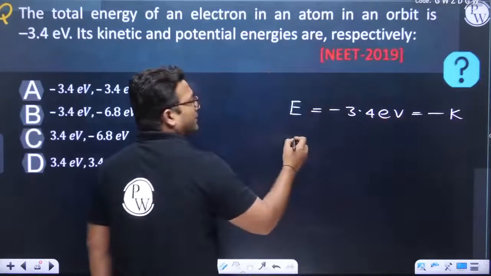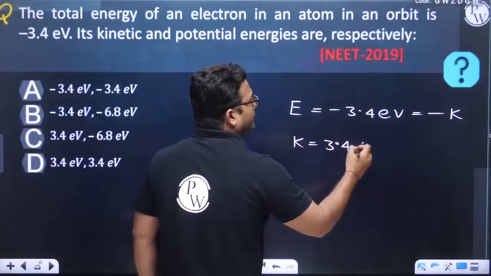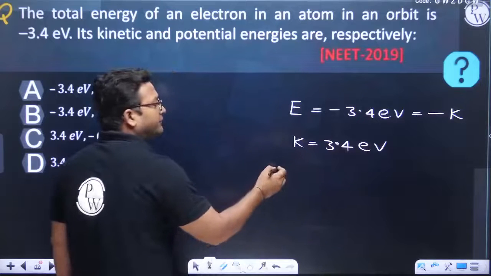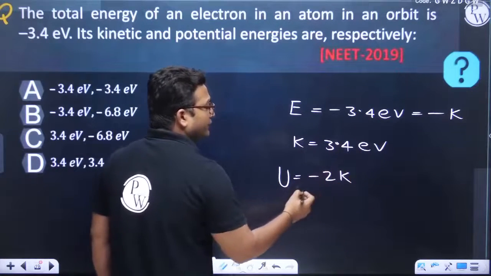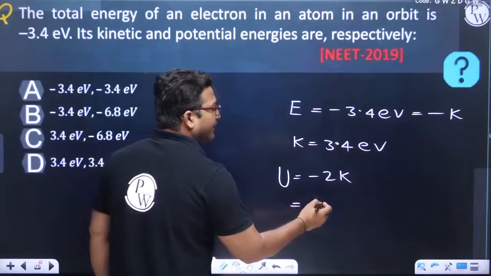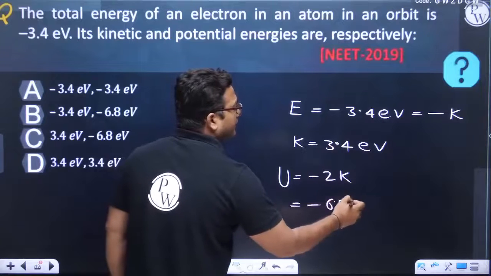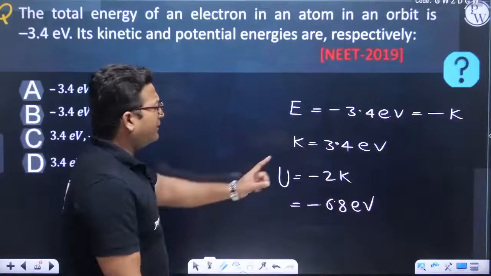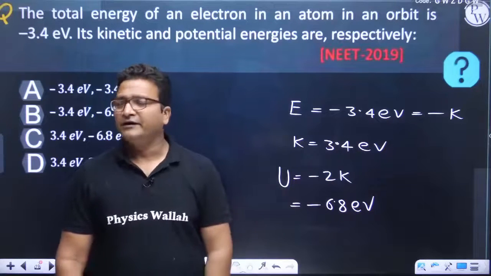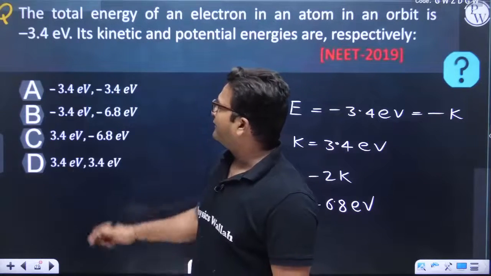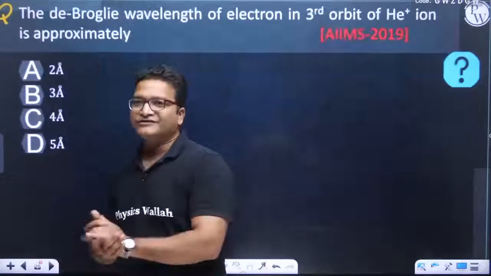By this formula, the kinetic energy would be 3.4 electron volt. And as potential energy is minus 2K, the potential energy automatically becomes minus twice of 3.4, that is minus 6.8 electron volt. So we have kinetic energy 3.4 electron volt and potential energy minus 6.8 electron volt, and the correct option is obviously C.